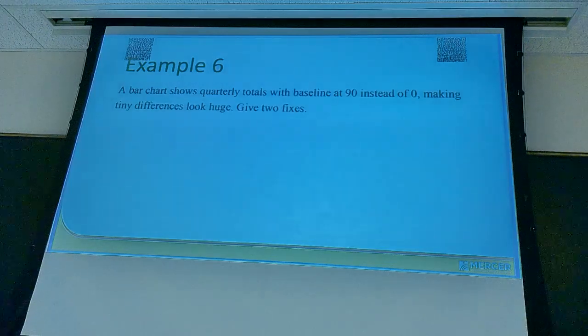You could also annotate your percent increase right within the bar graph.